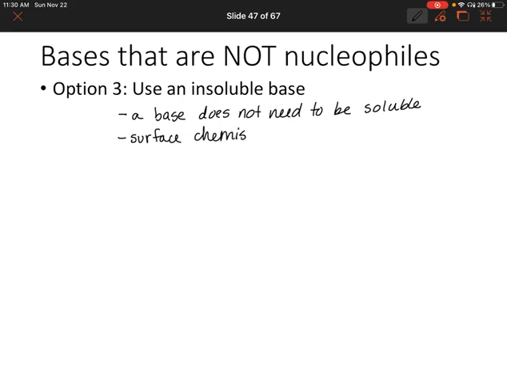The acid-base reaction will occur on the surface of whatever your reaction medium is. So you're actually reacting with external protons. Some examples would be sodium hydride, potassium hydride, and lithium hydride.